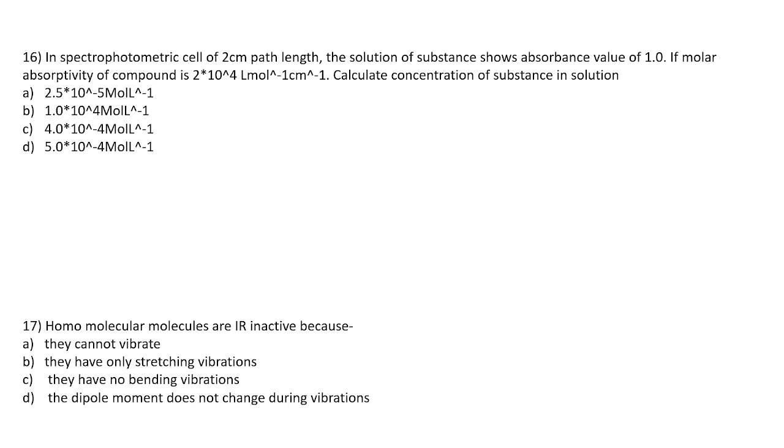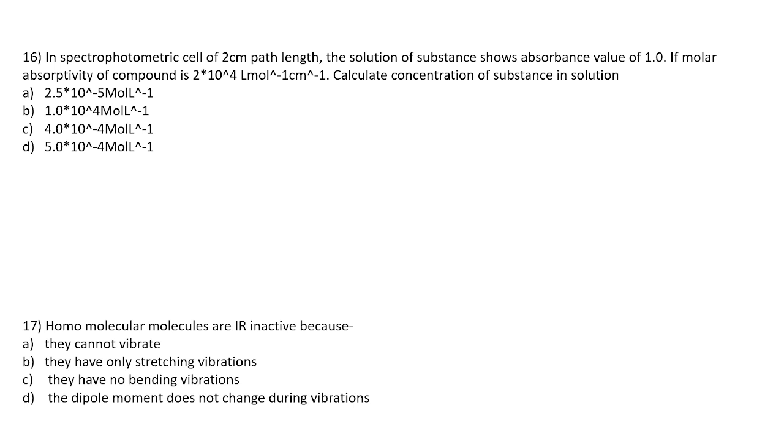The first question is: in a spectrophotometric cell of 2 centimeter path length, the solution of a substance shows an absorbance value of 1. If the molar absorptivity of the compound is 2 into 10 to the power 4, calculate the concentration of the substance in the solution.